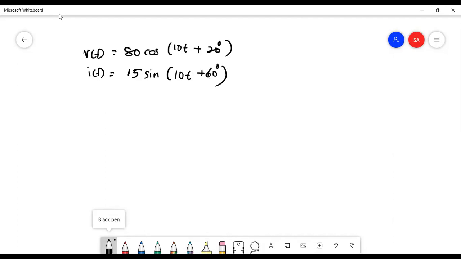But always bear in mind that you cannot directly multiply, because we know that instantaneous power p is just a multiplication of v(t) and i(t), but you cannot directly multiply them because you have different functions. This is cos and this is sine. So what you need to do is transform this into a cos equivalent function.